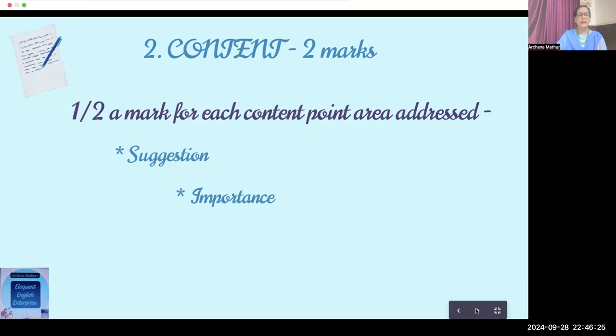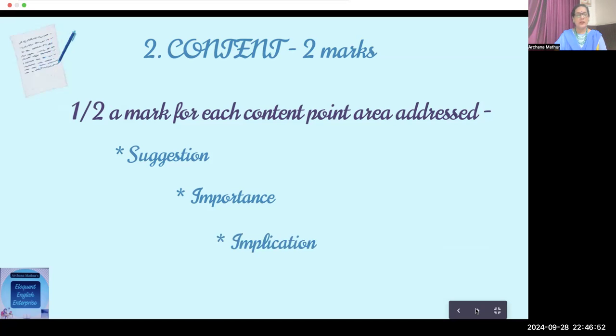You have to provide the evidence, the reasoning, or examples to support your claim. For example, if you're suggesting improved school facilities, you might want to highlight the positive impact it would have on student learning, health, and overall well-being. Okay, so you may rewind and listen to me again.